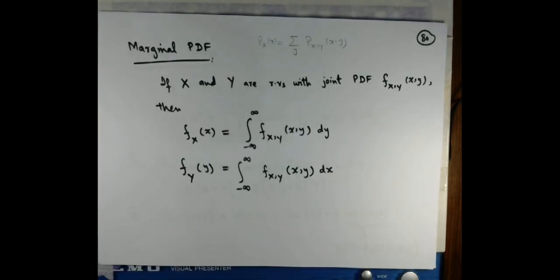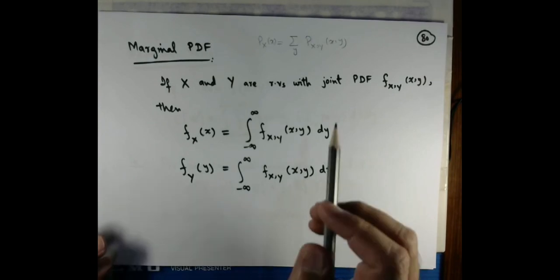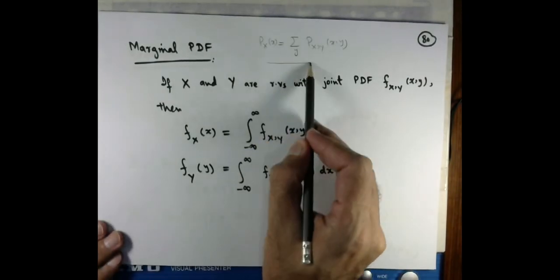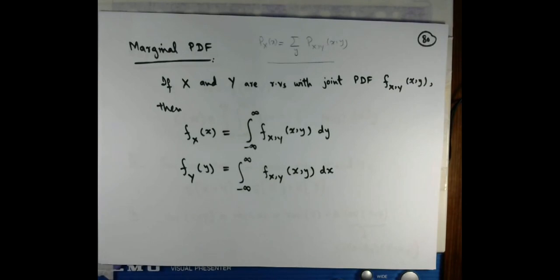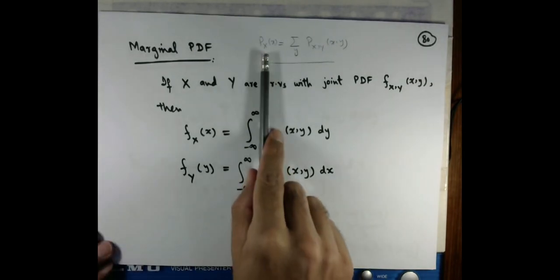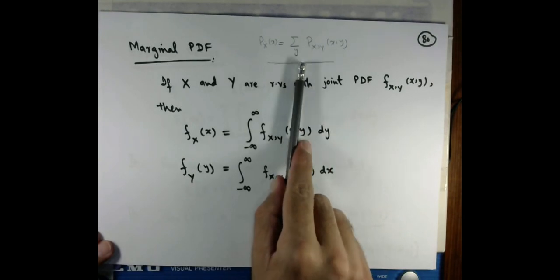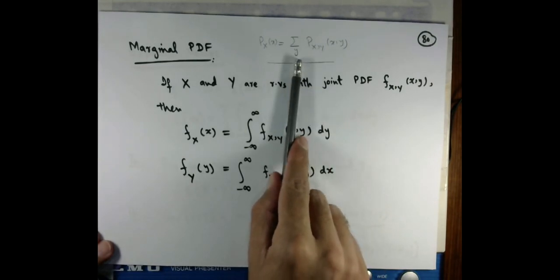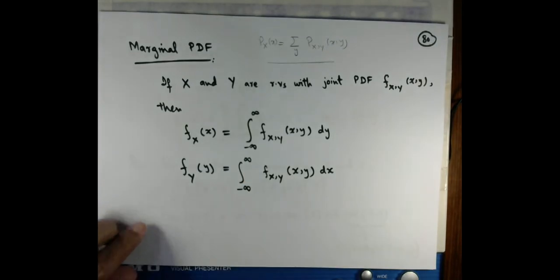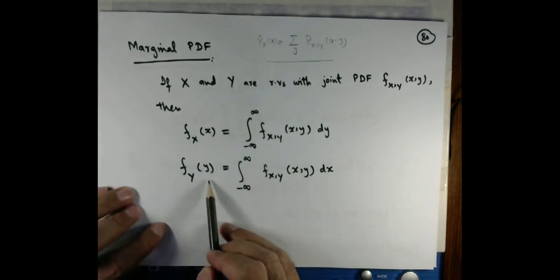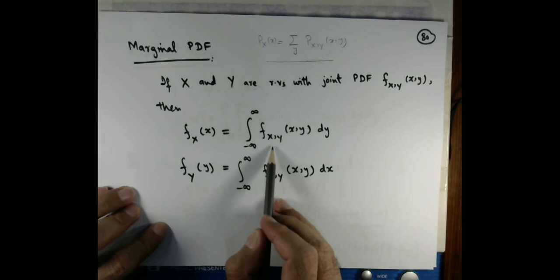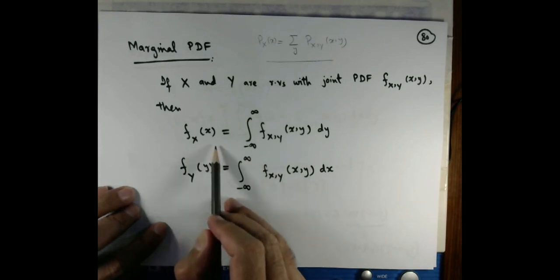What about marginal distribution? The marginal distribution concept is simple. If you remember the concept of marginal distribution for discrete cases, you find the PMF of x from the joint PMF by summing up the joint PMF over y, the other variable. So same is the case here. You simply integrate the joint PDF over the variable which is not here.